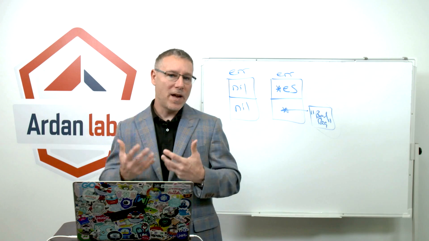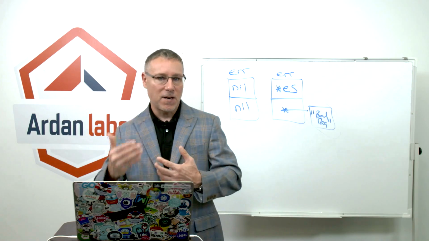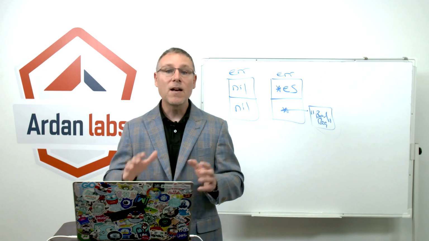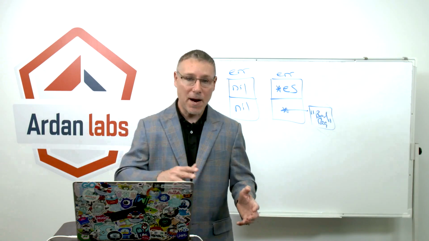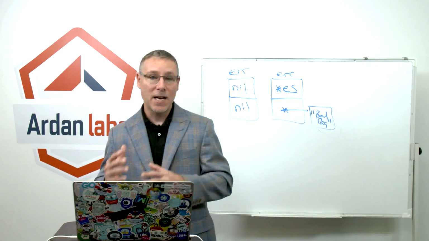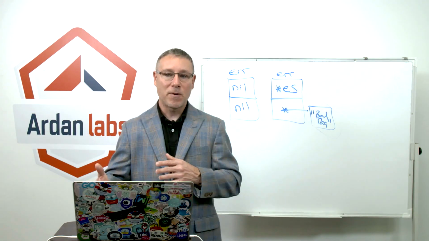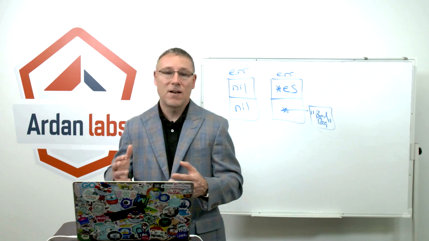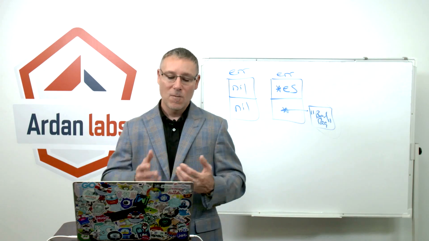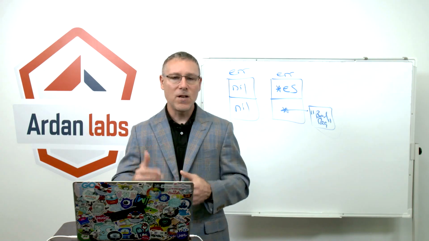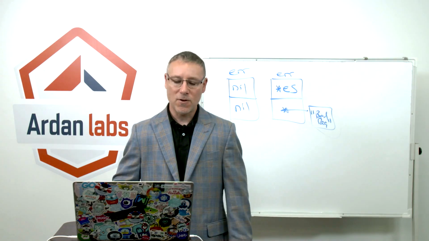Again, do we as users of the net package have to implement the temporary interface? The answer is no. This is being used only inside the net package. Are there multiple implementations of temporary? So here's an interface that has multiple implementations, but it's an internal use. It's not external. But it would have been nice if it was external, because we could have used it to do our own type assertion.